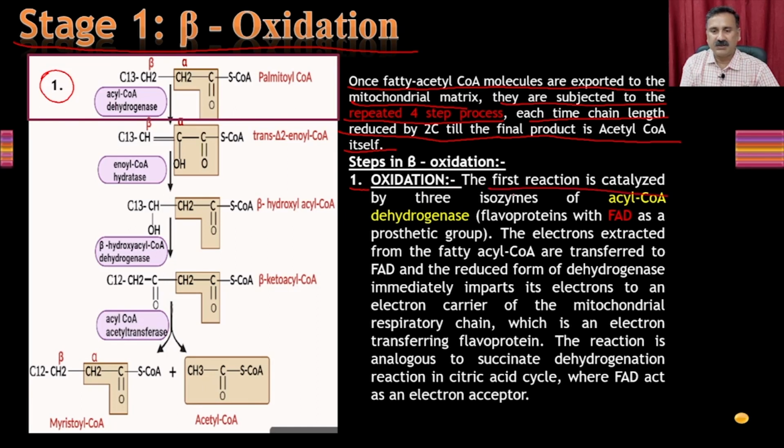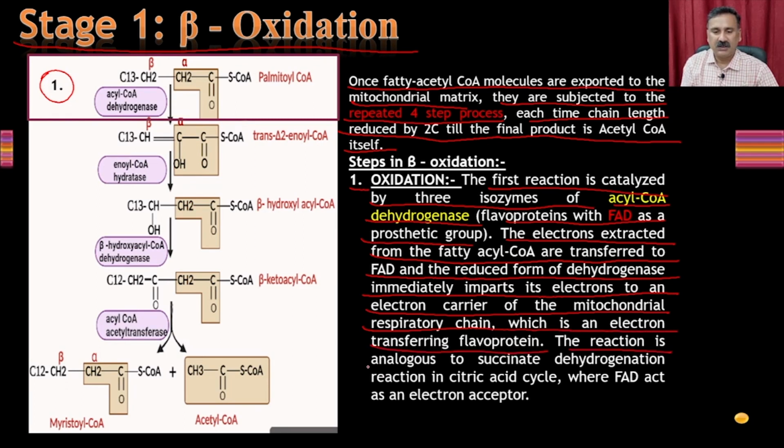The first reaction is catalyzed by one of three isozymes of acyl-CoA dehydrogenase, a flavoprotein with FAD as a prosthetic group. The electrons extracted from the fatty acyl-CoA are transferred to FAD, and the reduced form of the dehydrogenase immediately passes its electrons to an electron carrier of the mitochondrial respiratory chain, which is an electron-transferring flavoprotein.